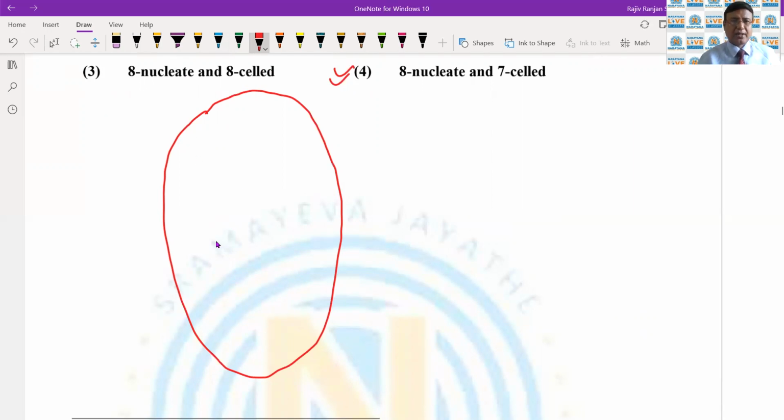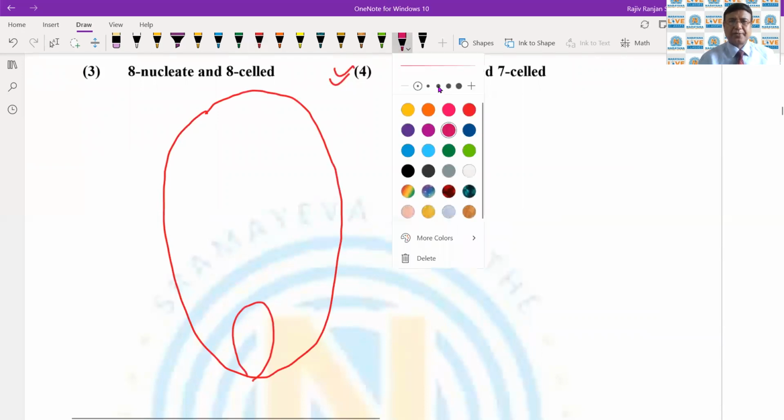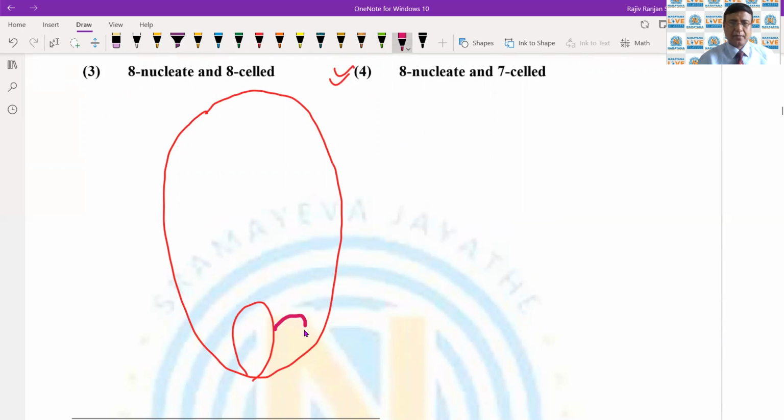So in an embryo sac, this is the ovum. Here are the two synergids. These are the two synergids. And there are two polar nuclei of the central cell. And here, the antipodals.